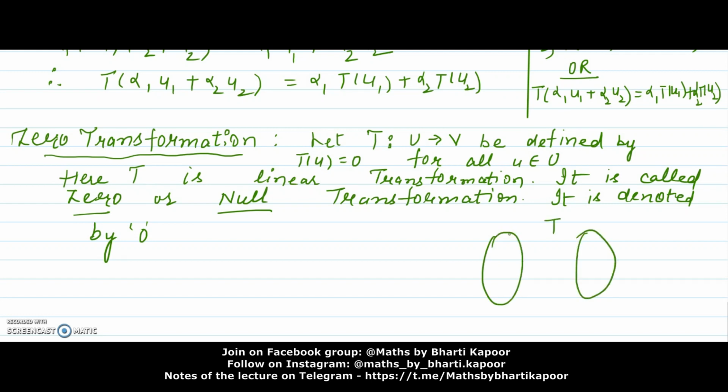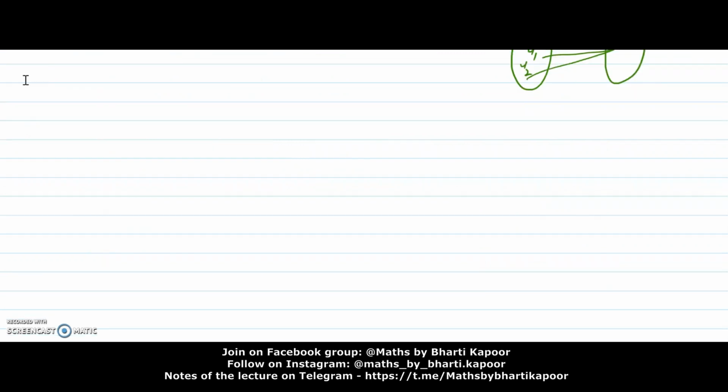If T is a mapping defined from U to V, where U and V are vector spaces, we know already that the image of 0 will be 0 only. But if the image of all elements of this U is 0, then such a mapping is always linear, and this mapping is called the zero linear transformation or null linear transformation.